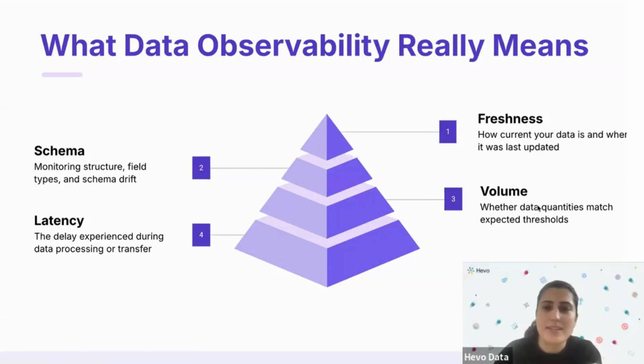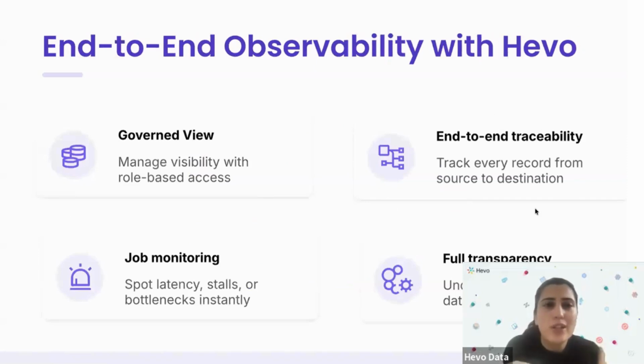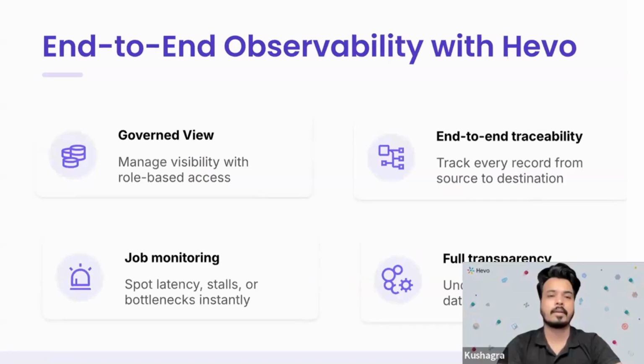Makes sense. Moving on to end-to-end observability, how do you think that we cover that in Hevo, especially when it comes to how we've set up our architecture? Definitely. Hevo brings complete transparency to your pipeline. You can trace a record from source to destination.